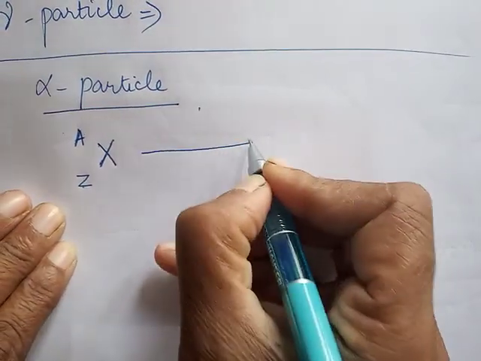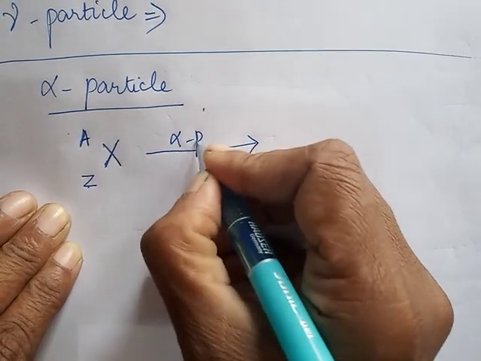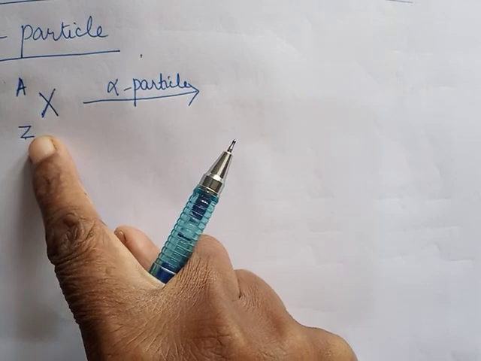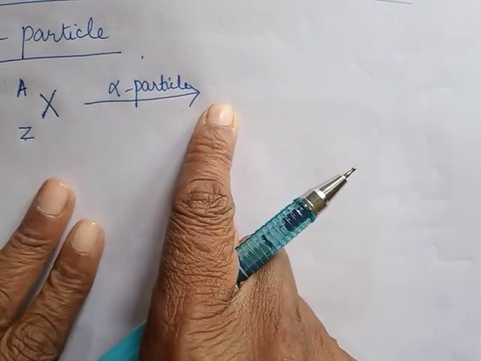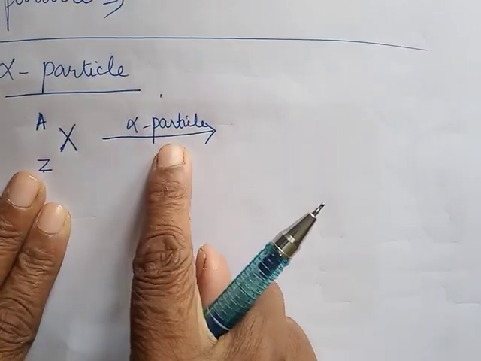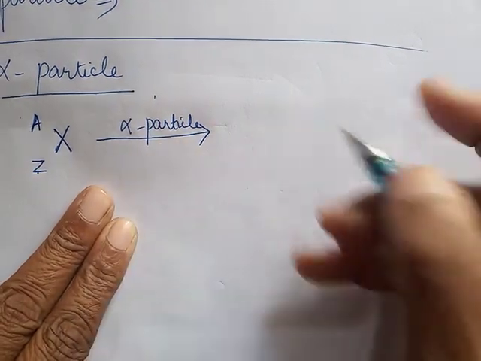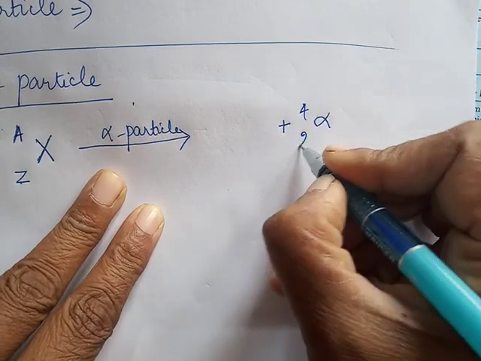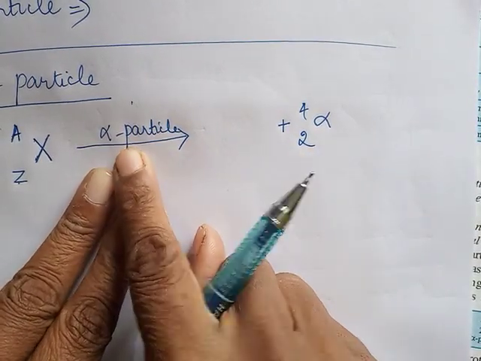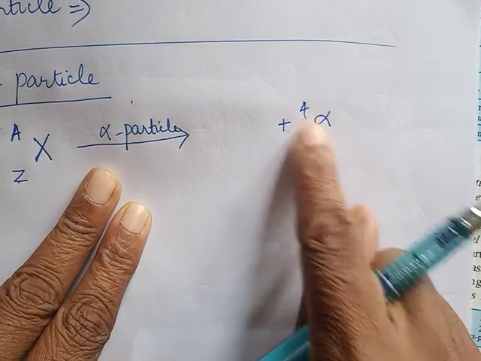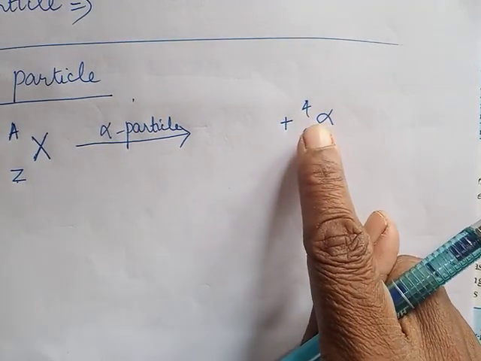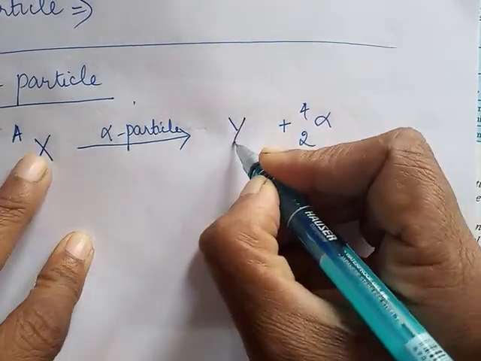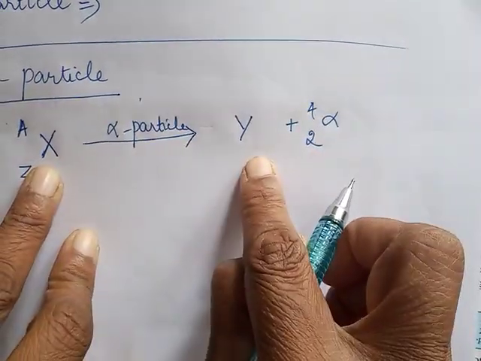And if it emits an alpha particle, what will happen? How will its nuclear structure change? That is what you have to see. If it is going to emit an alpha particle, alpha 4 2, you know that the alpha particle has 2 protons and 2 neutrons, that is mass number 4, atomic number 2. So this nucleus will change to a new nucleus.